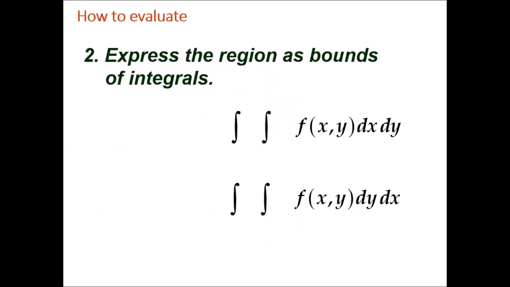Second, we express the region R as bounds for the integrals. If we set dA to be dx dy, we consider the bounds for x, x1 and x2, as bounds for the inner integral, and the bounds of y, which is y1 and y2, as bounds for the outer integral.